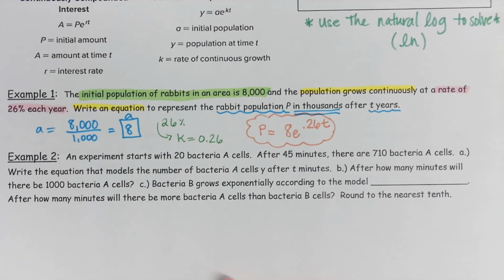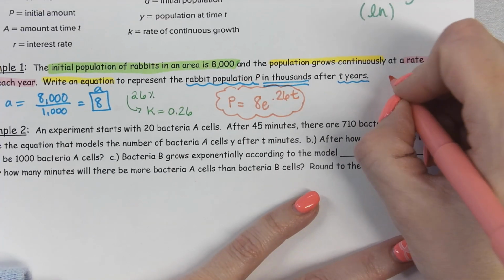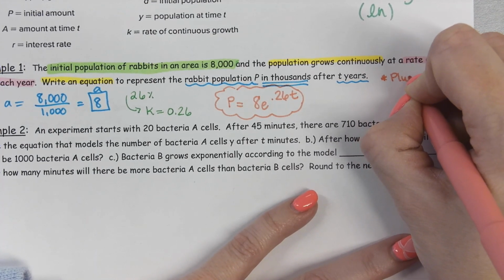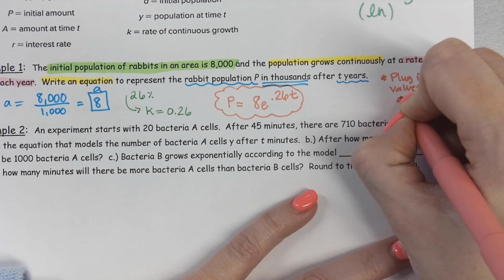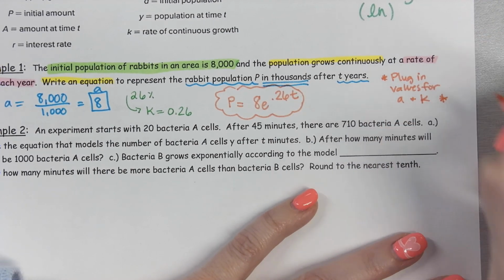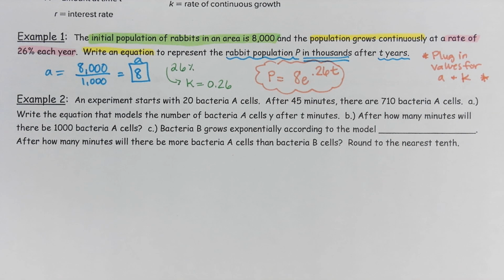So whenever you are making your own equation, you are going to be plugging in the value of A and K. Sometimes people try to plug them in for P or T as well, but you will not do that because you need to have an input variable and an output variable.